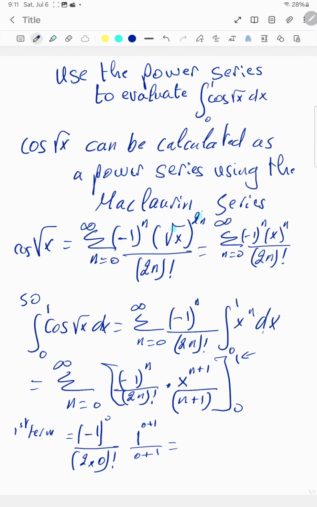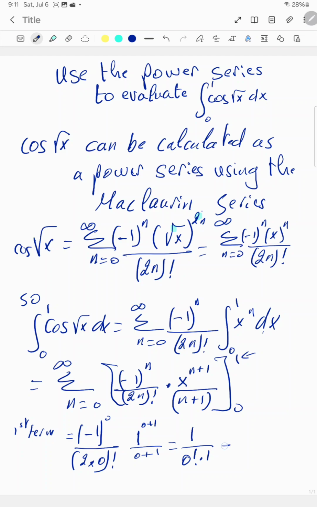minus 1 to the power of 0 is 1, and 1 to the power of 1 is 1. So the first term becomes 1 divided by 2 times 0 factorial is 0 factorial, and 0 plus 1 is 1 times 1. So 0 factorial times 1. The second term, when n equal to 1, minus 1 to the power of 1 is minus.